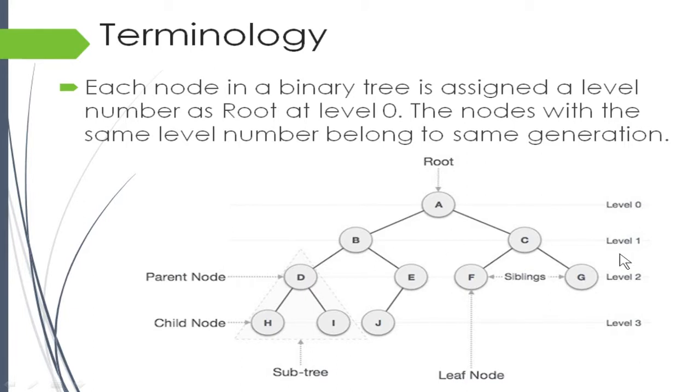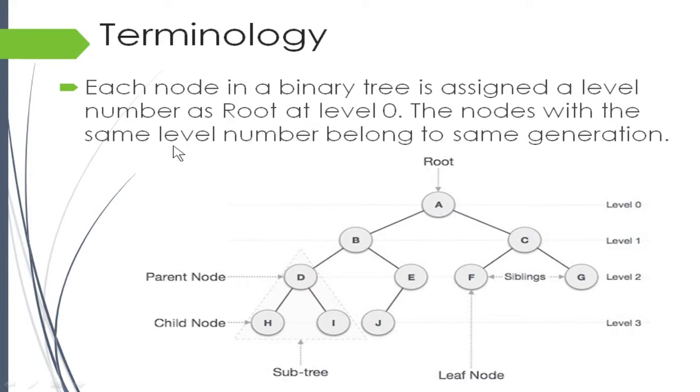Then B and C come under the second level, that is level 1, and then D, E, F, G all come under the next level, that is level 2, and finally H, I, J come under level 3. So you have to start from 0 and just count. If they ask you the level of the tree, you have to take the longest path and then count: 0, 1, 2, 3. So 3 is the level for this binary tree.